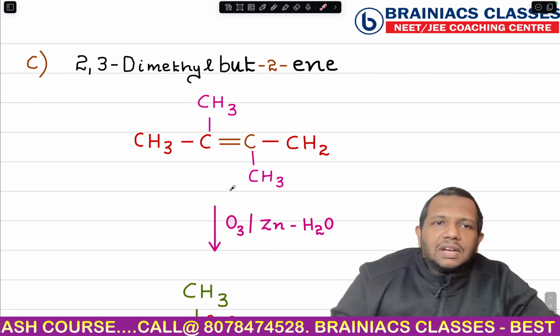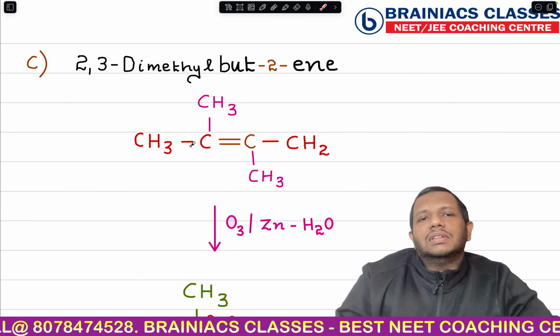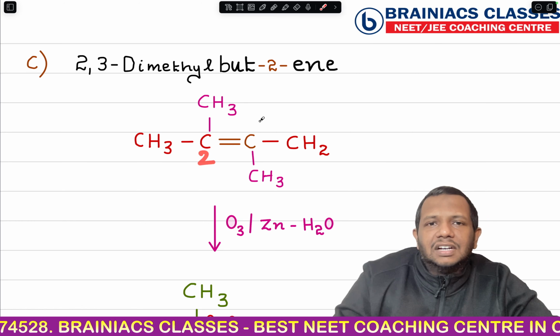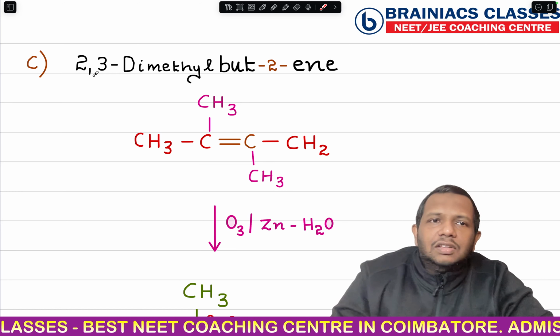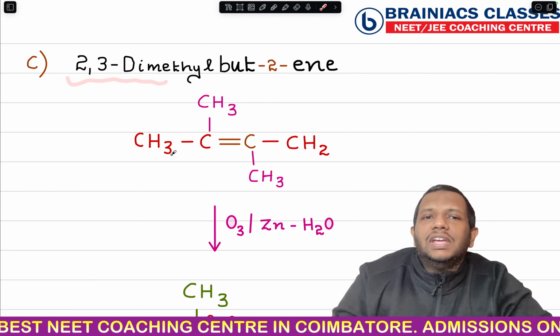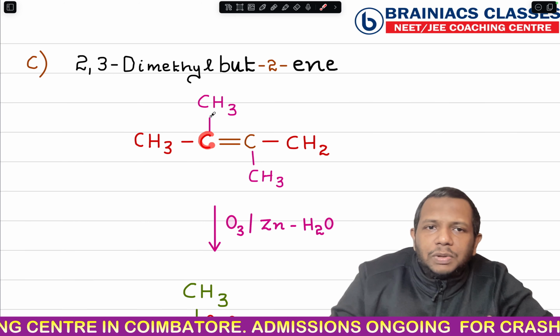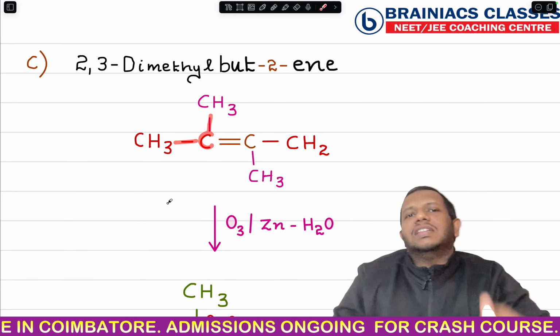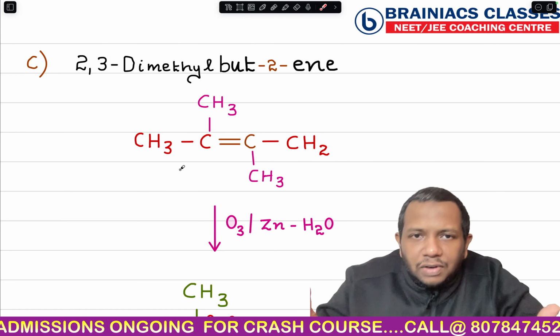Now you can see the third option is 2,3-dimethylbutadiene. That means at the second and third positions you have a methyl substitution. Now you can think logically: this should be present as a branching. Why? Because this needs to be a ketone, which means the carbon should have two other carbon atoms connected, then only it can become a ketone. So with this logic, I don't even need to do this question.